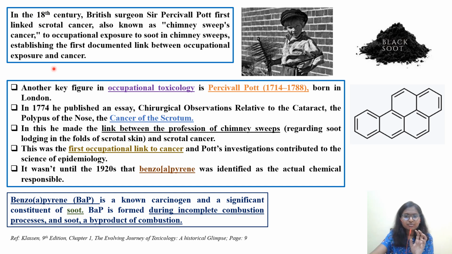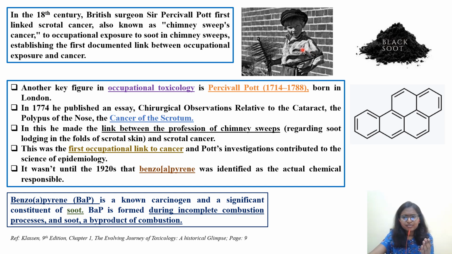Why? Because this was the first time a link was made between the exposure and the cause of that particular cancer. This scientist, Percival Pott, was able to establish this link through many publications and papers. You can go back and read in detail.